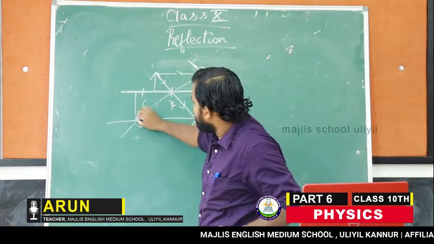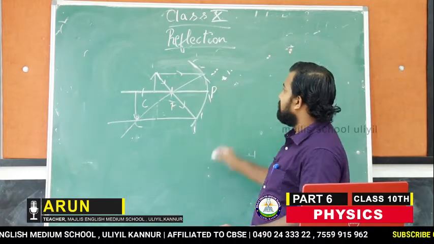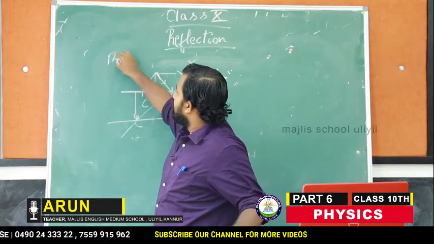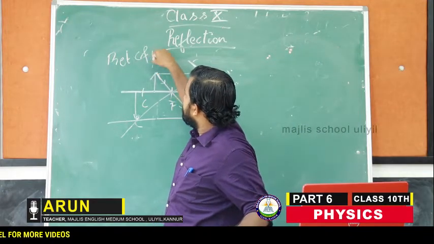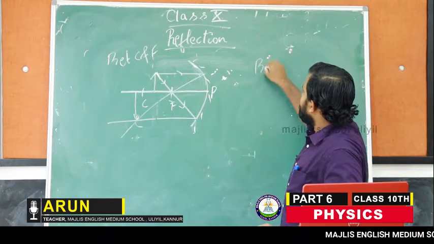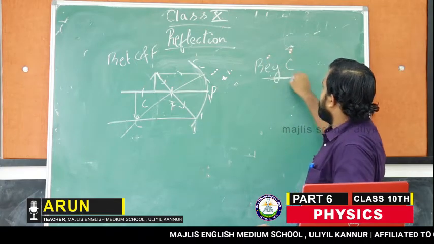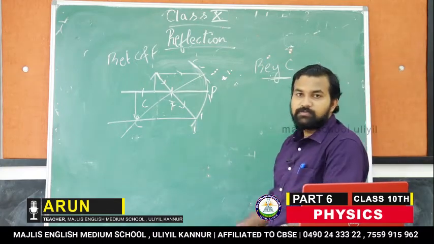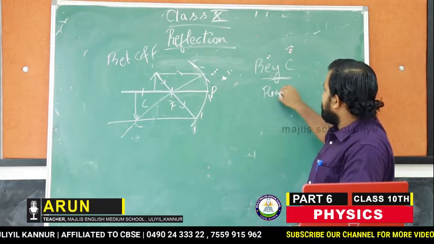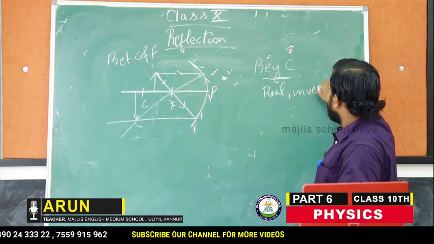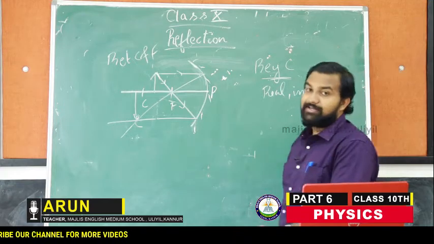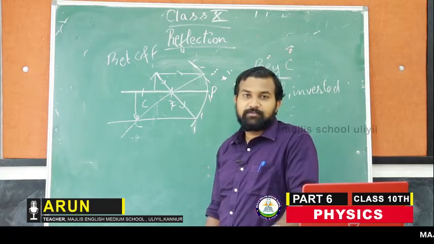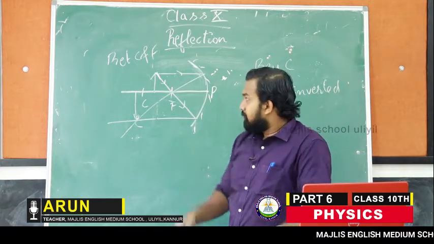And where is the image formed? The image is formed when I am keeping it between C and F. The image is formed beyond C. There is no doubt. The real image is formed. Inverted image is formed. And what is the size? Relationship between the size of the image and the object.